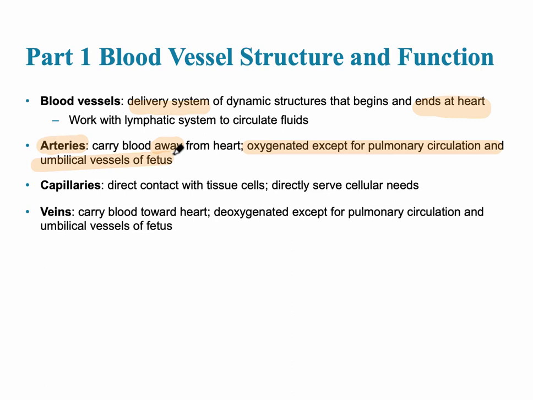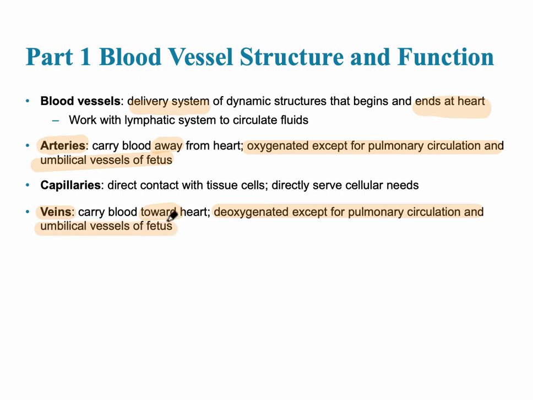And it's also the same for the veins as well. So let me just jump down here to the veins. They carry blood towards the heart, so that's the key word to remember, towards. And it's usually deoxygenated, except for, again, pulmonary circulation and the umbilical vessels of the fetus.